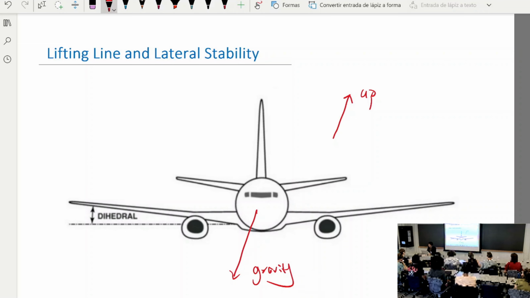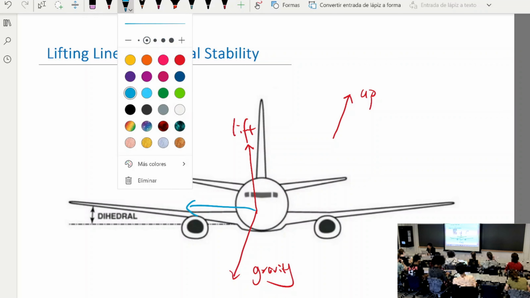And the lift points orthogonal to the wing, so lift is still pointing upwards. So what is going to be the linear acceleration of the resulting compound force on the airplane? It starts to slide, right? So the airplane is going to start a sliding motion. And for airplanes, there is angle of attack, and there is also a sideslip angle. The proper name for this is called a sideslip.